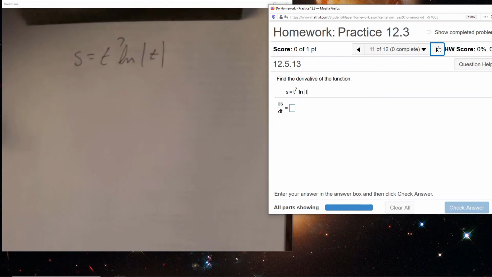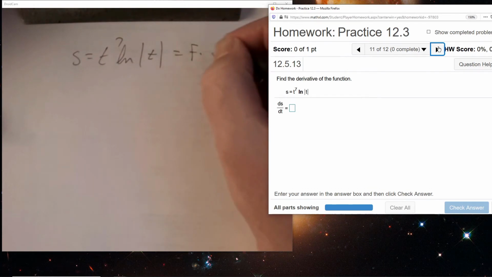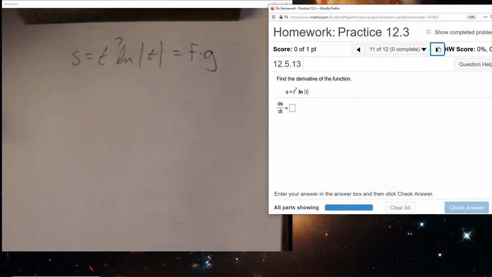So what do we have here? This is, again, a straight product rule like we had before. So there's no chain rule here because there's no function going inside a function. This is two functions just being multiplied.